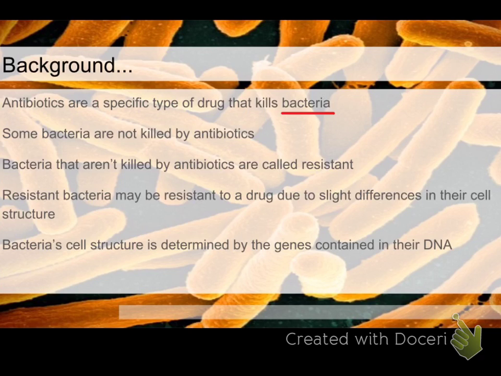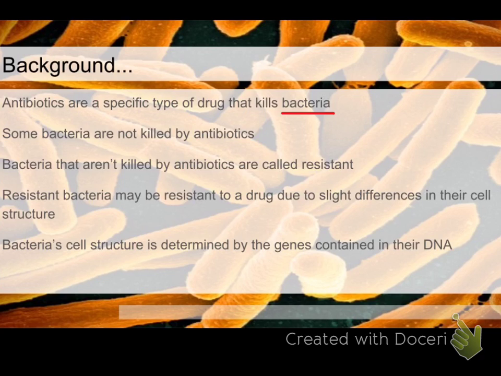A lot of this just revisits points from the film, points from our discussion. So, you know what antibiotics are. You know that there are bacteria that are not killed by antibiotics. We know that those are called resistant. I think the last two might be the ones that are the furthest off what you already know. A lot of the time, the resistant bacteria are resistant because there's some difference in their cell wall.